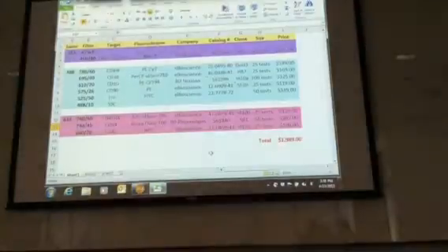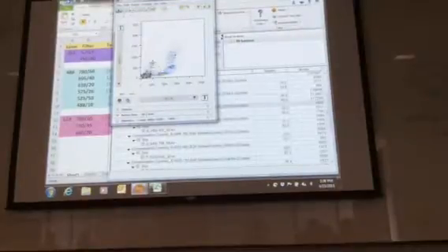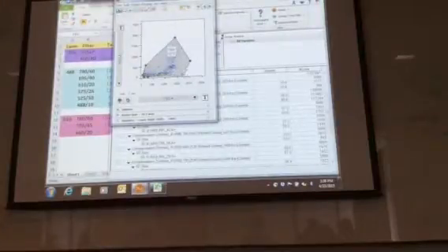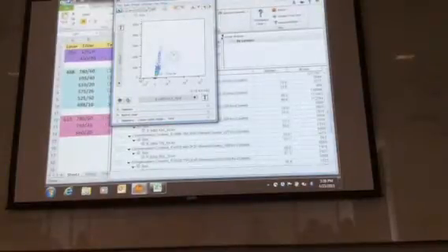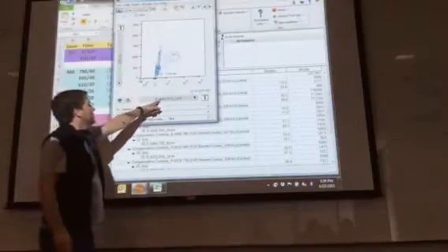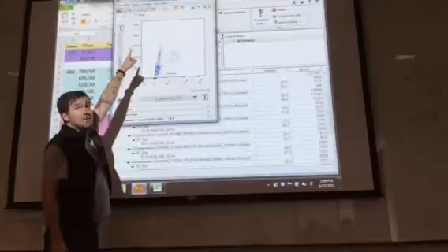so let's look at, this is the population of cells where we're looking at side scatter, this is the 488-610, which is the single stain control that we're looking at here.